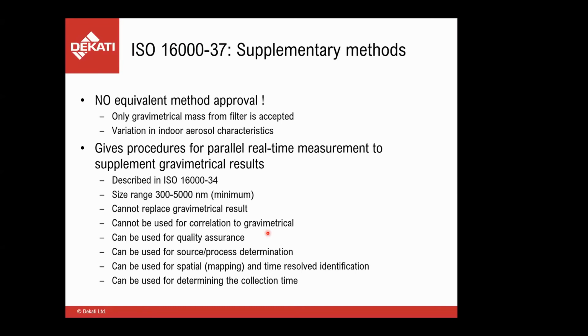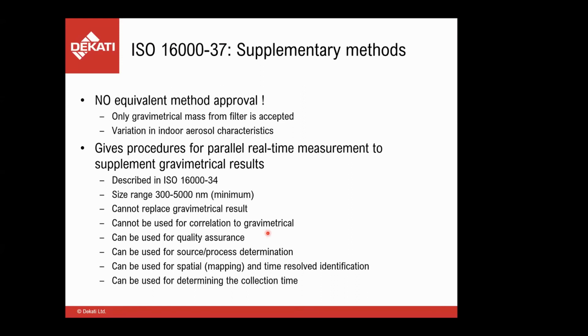It gives procedures for the parallel real-time measurements, how to supplement the gravimetrical results. There are some limitations on how you're allowed to use it, but anyway, all of the methods that are allowed to be used are described in part 34. The minimum size range of any supplementary method should be from 300 to 5,000 nanometers. It can be, of course, wider, but it needs to be at least this wide.